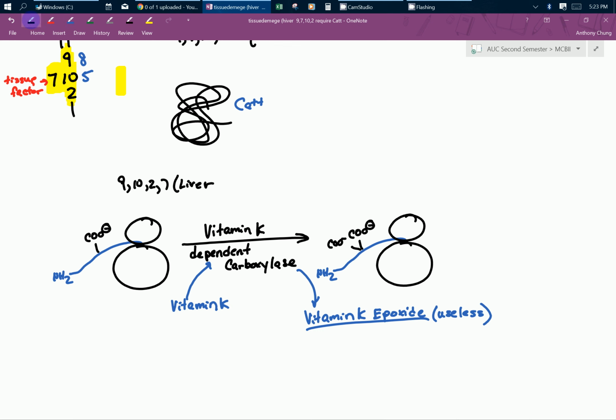And your goal is to regenerate this so that it can become vitamin K again. So the enzyme that you have to know is vitamin K epoxide reductase.